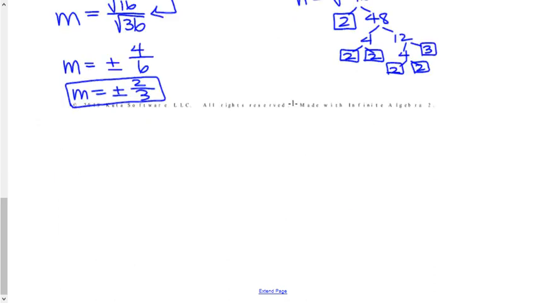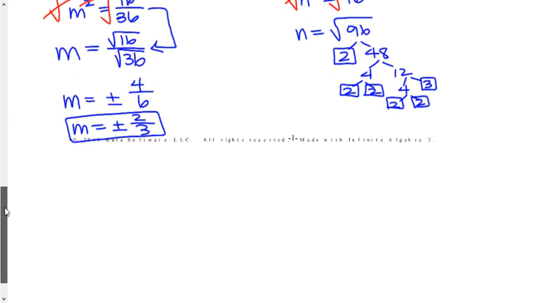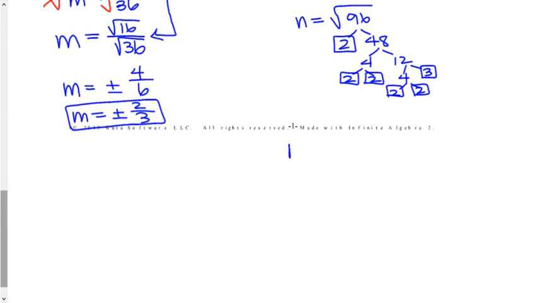All right, so now using my target 1 skills, I now have n equals the square root of all those boxed numbers. So 2 times 2 times 2 times 2 times 2 times 3. Right, 1, 2, 3, 4, 5 2s, and then 1 3.